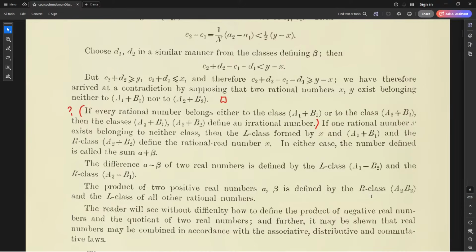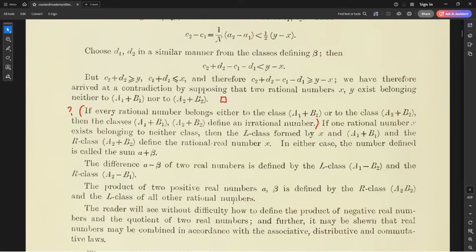The R class stands for the collection of rationals that are in the right half section of the rational line, basically. We don't deal with the R class in our construction, but this is what it is. Alpha and beta is defined by the R class A2, B2, and the L class of all the other rational numbers.